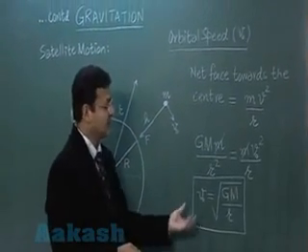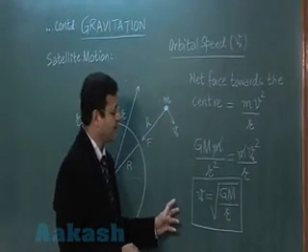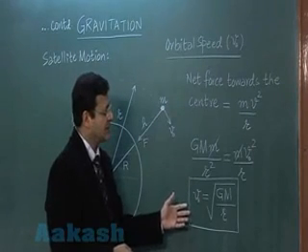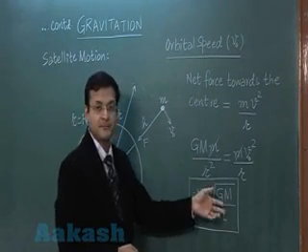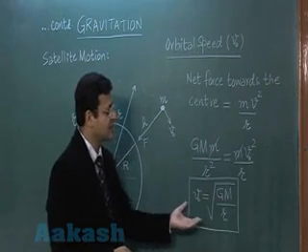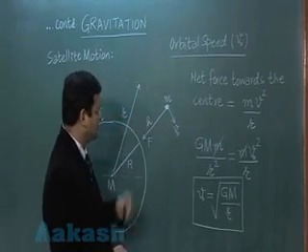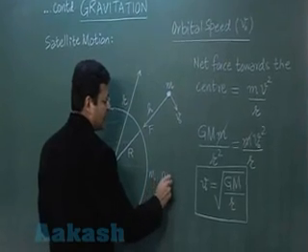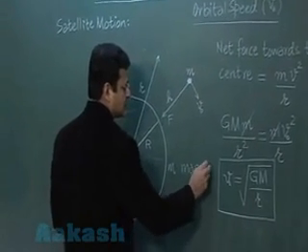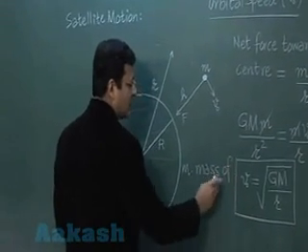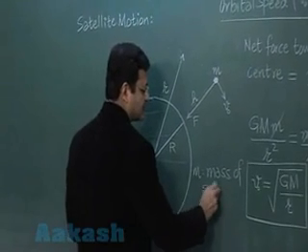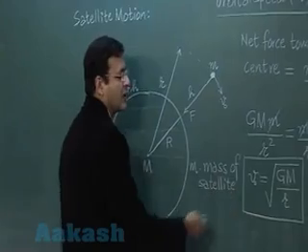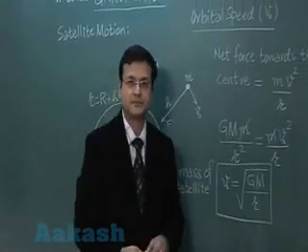Now there are several things to be learned here: this expression of orbital speed is not involving small m. You can see in this expression that small m, which was the mass of satellite, is not coming into the picture of orbital speed.